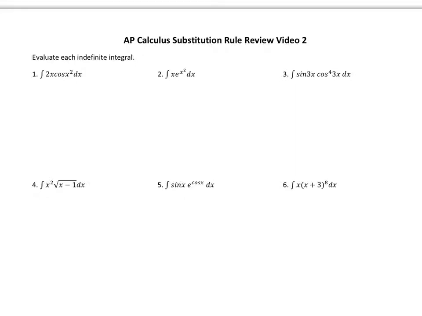Let's take a look at this, and since we're going to use u substitution, we are going to go ahead and let u equal x squared. Here we might initially think that we would let u equal cosine x squared, but if you do that, this becomes the u, then the du becomes a sine, and not much can happen.